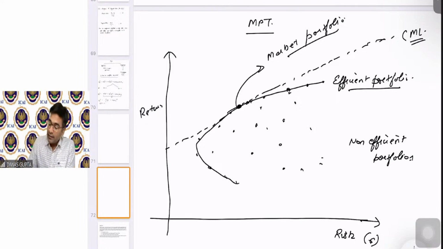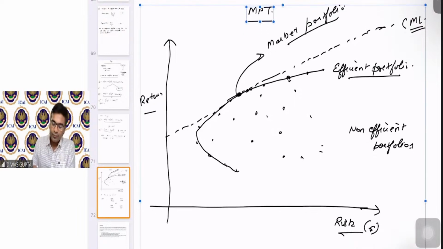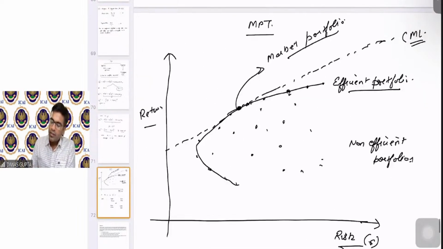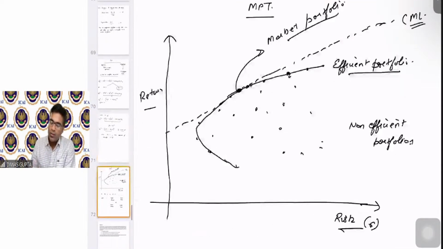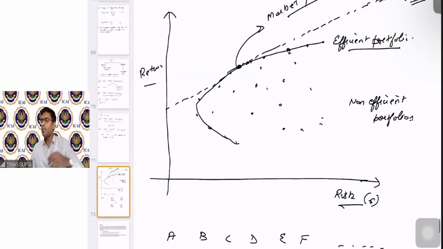Capital market line has risk and return, right? So this is as good as the capital market line, and wherever the efficient portfolio curve touches the capital market line, that is called the market portfolio. Okay, students. Any other doubts, please do ask me on this part as well as on the other parts that we have covered today, students.